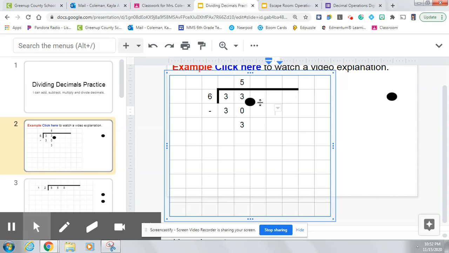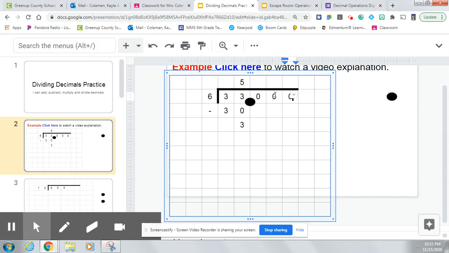And then you have to think, well, what number could possibly come after 33 without changing the value? So all the numbers after that decimal point would become 0. So I could put as many zeros after 33 as I want, and it's still the value, the whole number, 33.